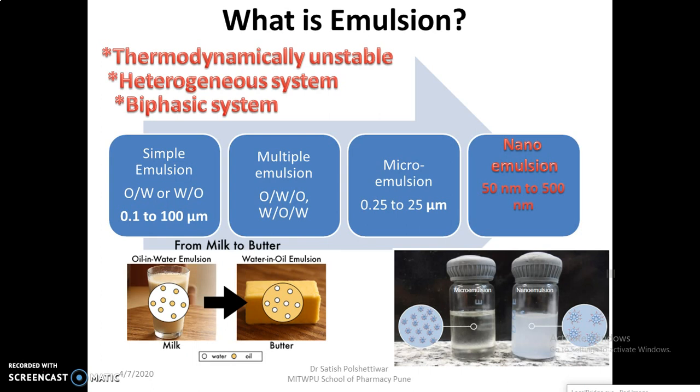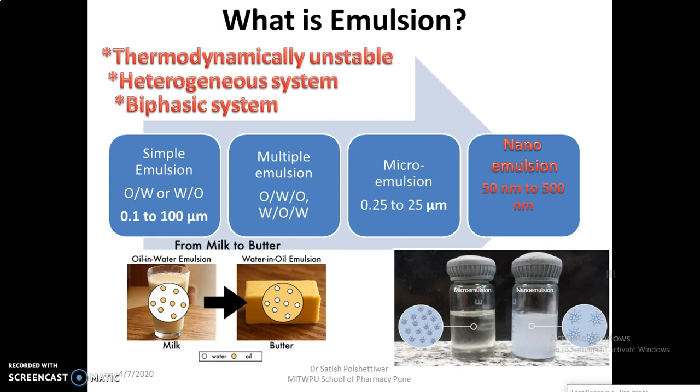In the advanced version of this system, depending on the globule size, the size has been reduced using technology. We use a homogenizer or sonication system to break down the globule size. By sonication we can bring it down to 0.25 to 25 micron, because, as I discussed in my previous video, reducing the particle size matters: a larger globule surface area has more free energy.